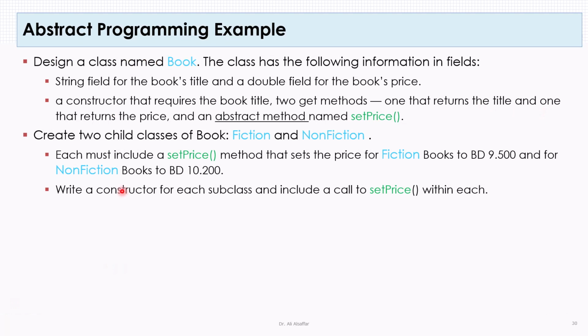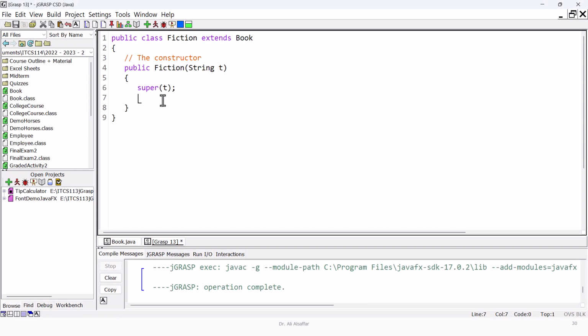It is mentioned in the problem statement that inside the constructor we need to call setPrice to set the price of the book. So to call the setPrice method, we write setPrice inside the constructor. But this setPrice is an abstract method in the superclass book, so we have to override it in this class.